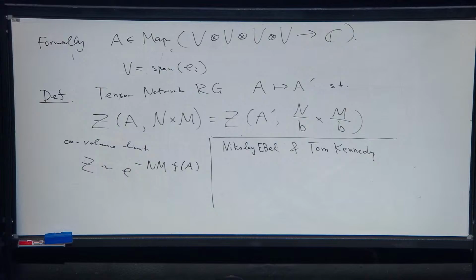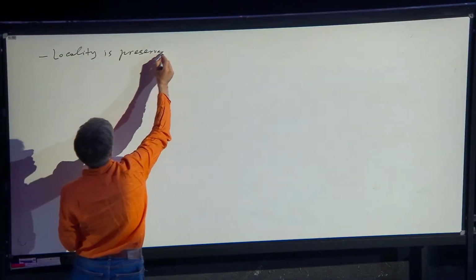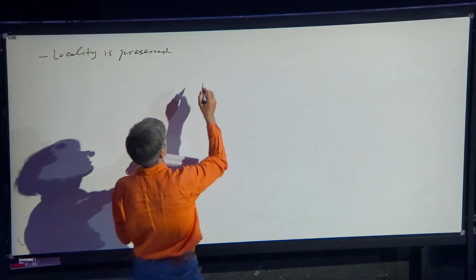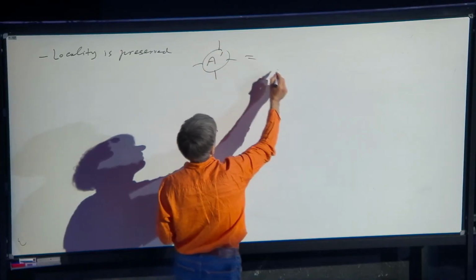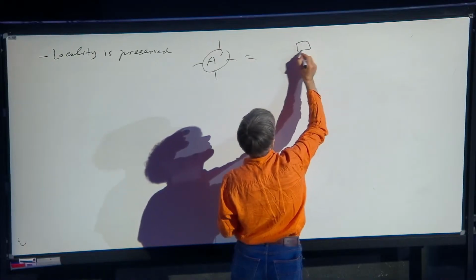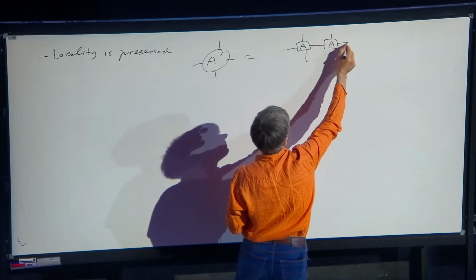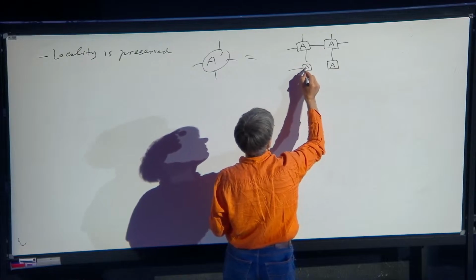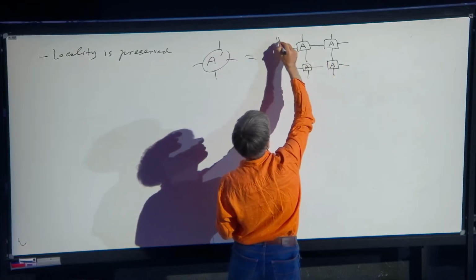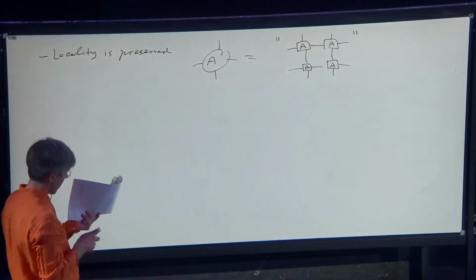The first thing is that locality is preserved, because, very roughly speaking, these tensor network renormalization group maps look like A prime is basically equal to a contraction of 4 A's with each other. And let me put here some very important quotation marks, because this equation is not quite true. In fact, it requires some very important modifications.